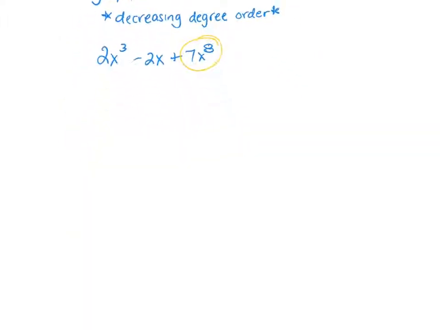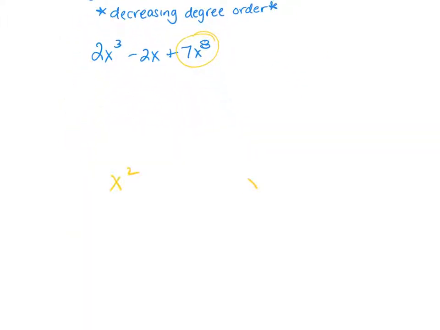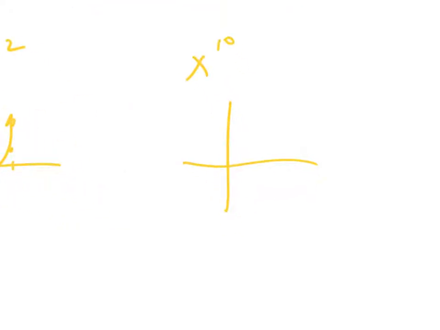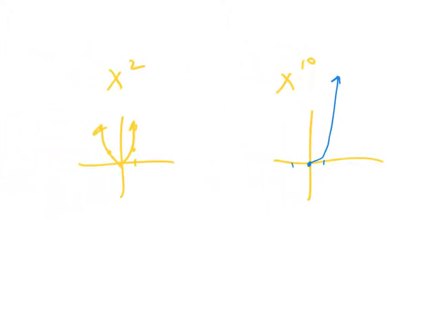So if I had an x squared and an x to the 10th, then there would be 0, 0, and then 1, 1, and negative 1, 1, right? This would just be closer to the axis in between, because instead of raising something to the second power, like 1/10 to the second power, I'm going 1/10 times 1/10 times and so on. So it just flattens it out there, and then it increases faster past the first point. That's the only difference.